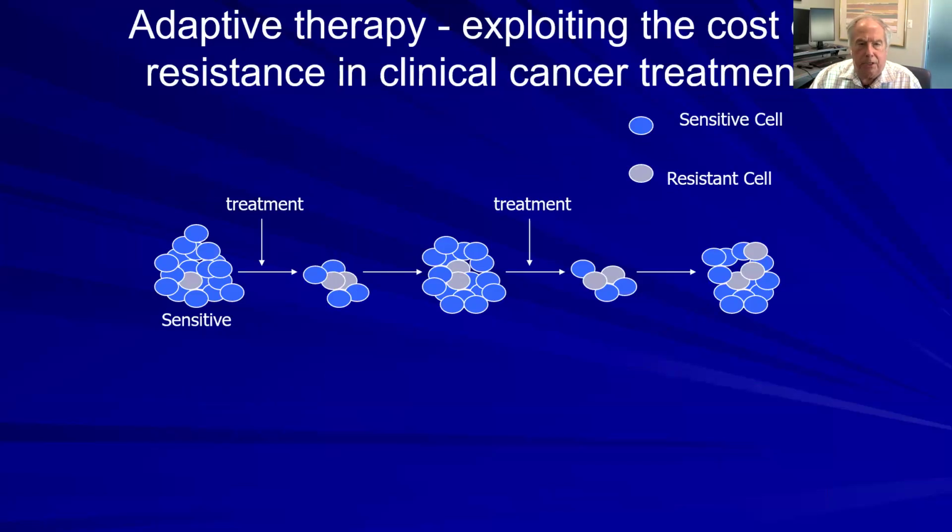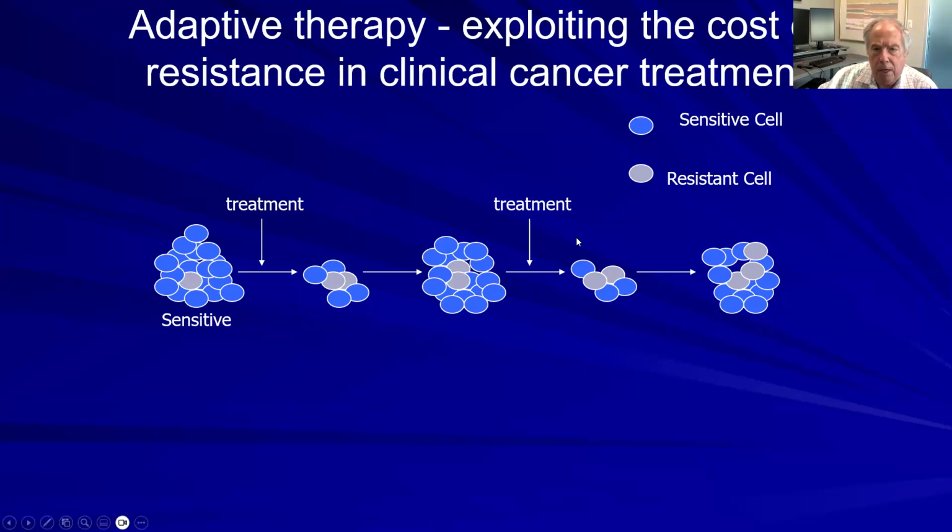One evolutionary strategy is called adaptive therapy. There are many others, but this is the one I'm going to focus on. Rather than maximum tolerated dose continuously, you simply give pulses of treatment. The idea is to knock the tumor down, but explicitly retain a significant population of sensitive cells. The treatment is then withdrawn, and the tumor returns, it proliferates, but in the absence of selection for resistance, the sensitive cells usually have a fitness advantage, and as they regrow, they effectively suppress the proliferation of the resistant populations.